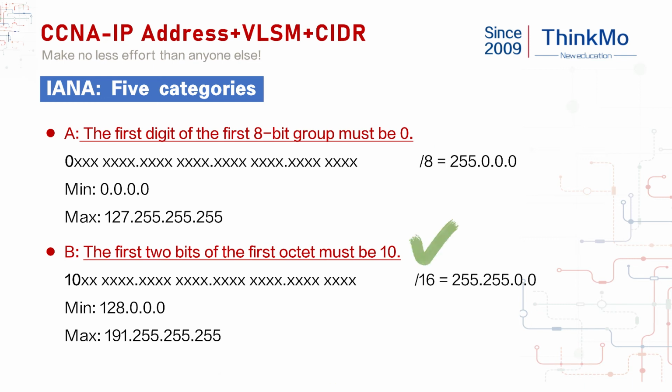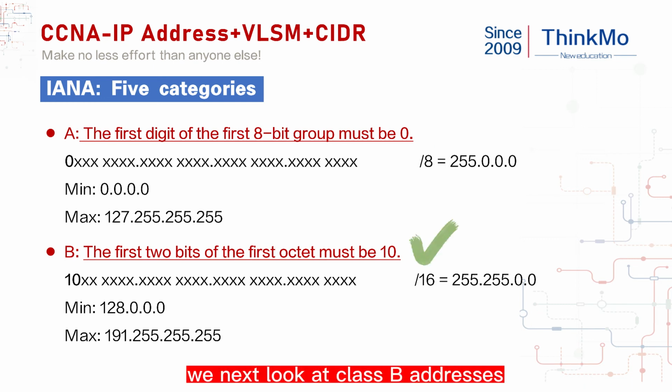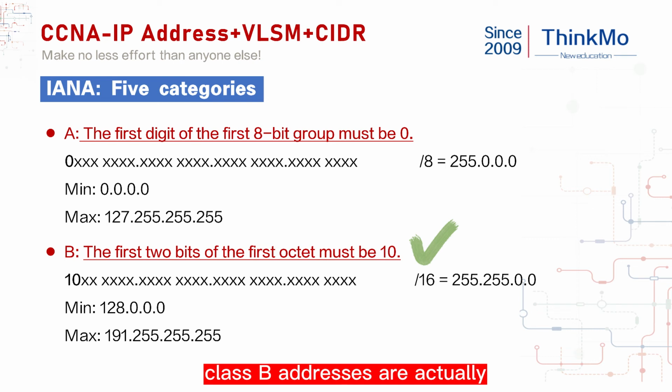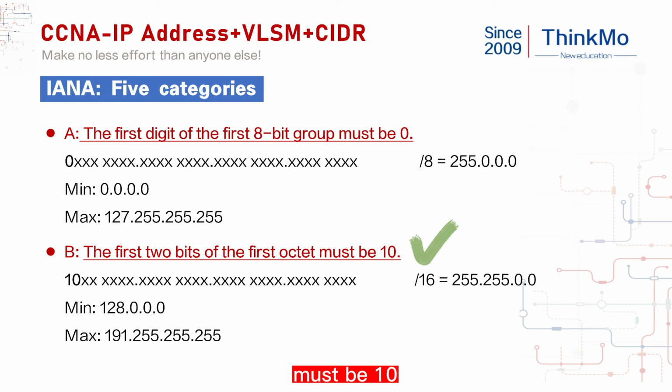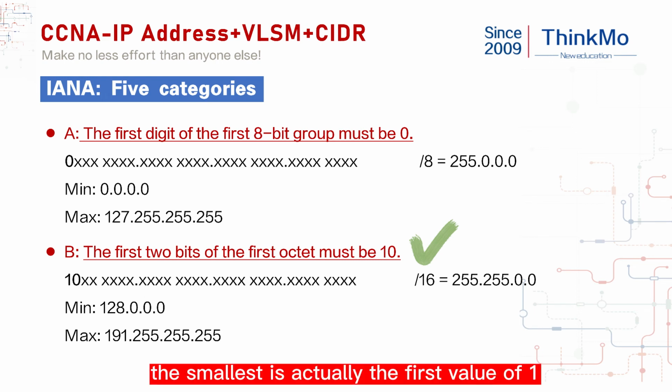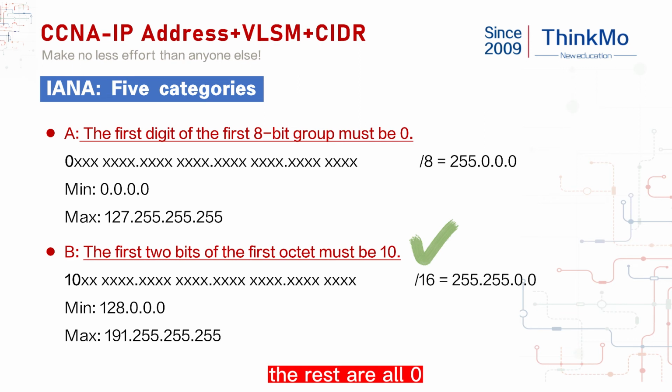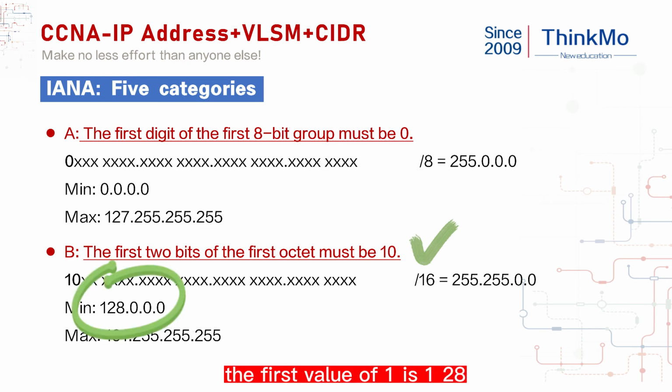Okay. We next look at Class B addresses. Class B addresses are actually similar to Class A addresses. It specifies the first 2 bits of the first octet must be 10. The minimum format is 128. The smallest is actually the first value of 1, and the rest are all 0. The first value of 1 is 128.